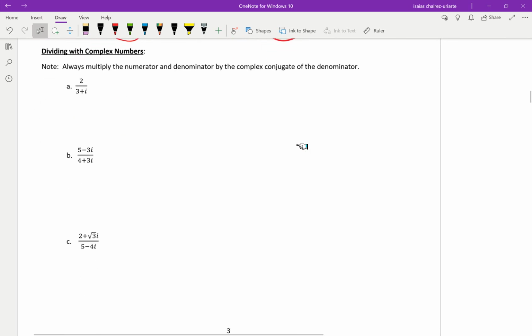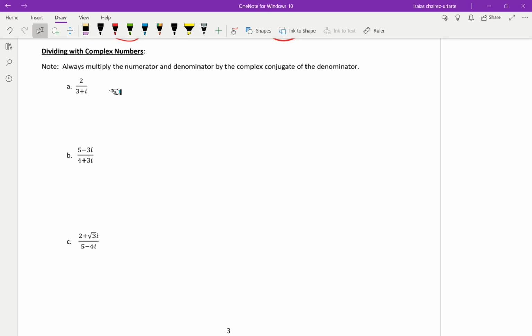All right, so let's divide some complex numbers, and that'll be it for this section. The idea with dividing by complex numbers, you might have heard about rationalizing denominators. You do not want to have radicals, square roots in the denominator.